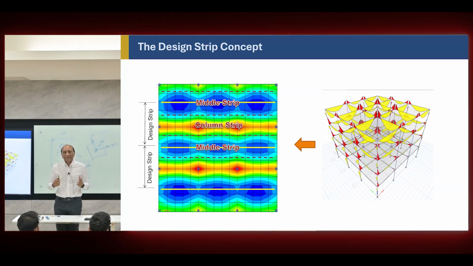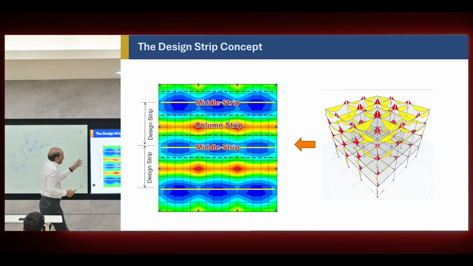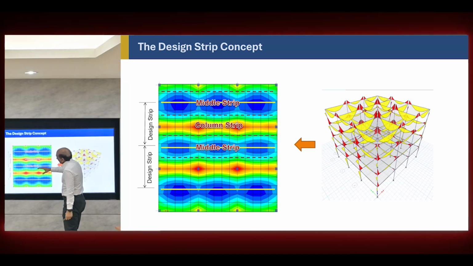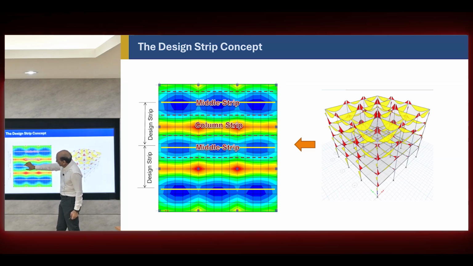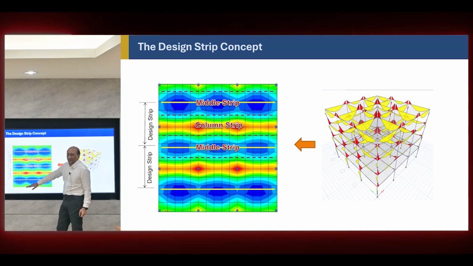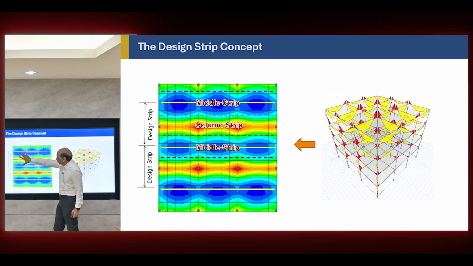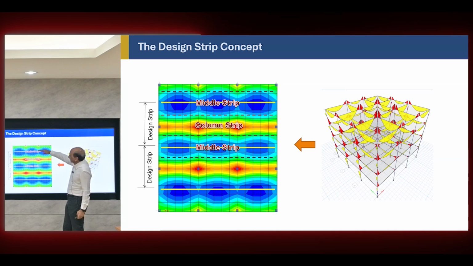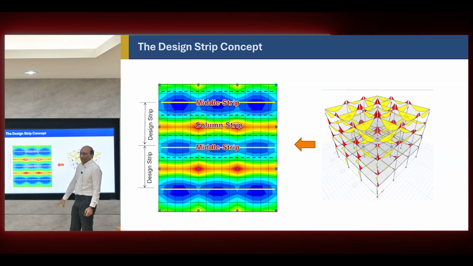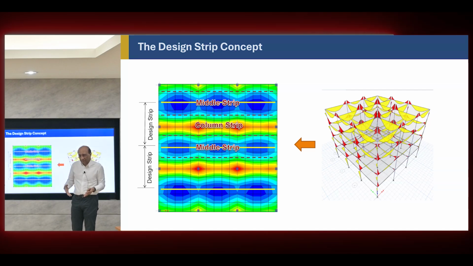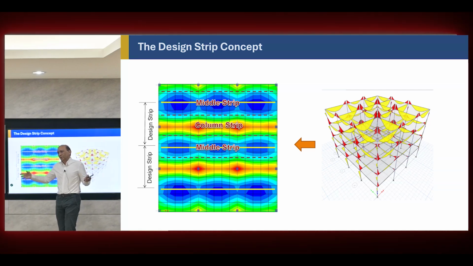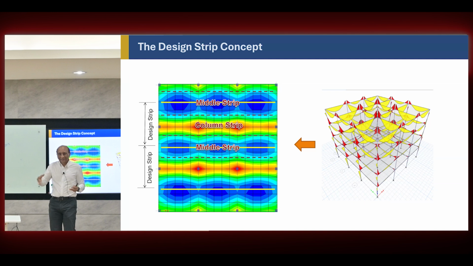So this was very clear, and this is very clear from the finite element analysis also. This is one design strip: this is a column, you start in the middle of the column and the other middle of the column, next is just repeating the same pattern. So you take one portion away, which is the center of this column and center of this column, and you say, this is my strip, and I will take all the load on this strip and use it like a beam, because it's going to carry the load in that direction fully.